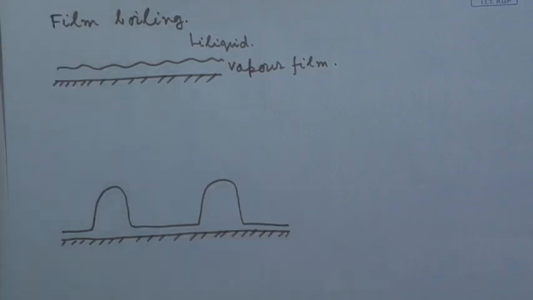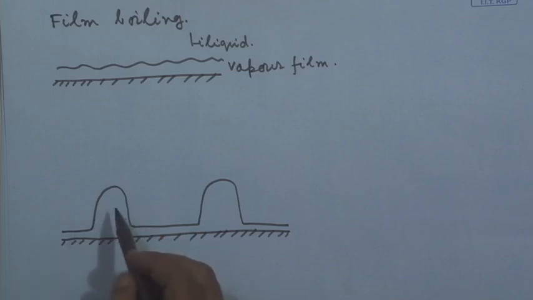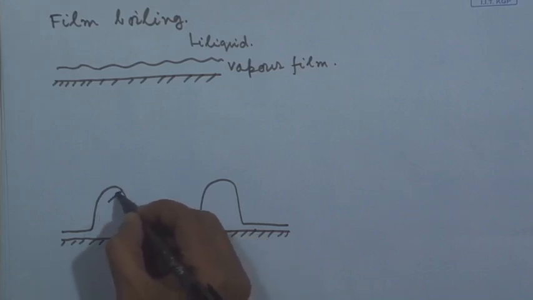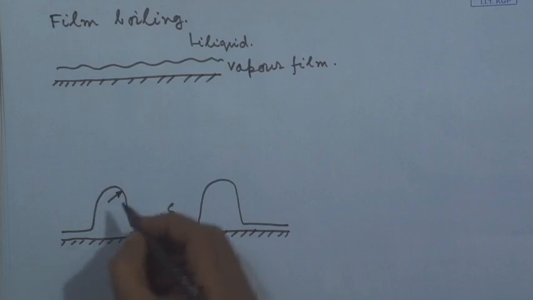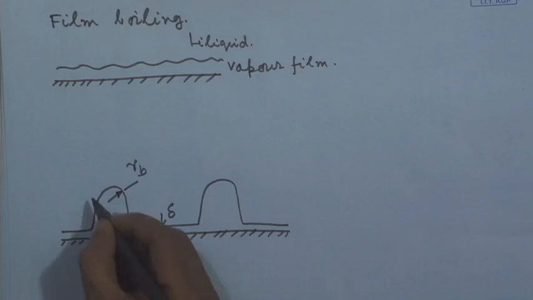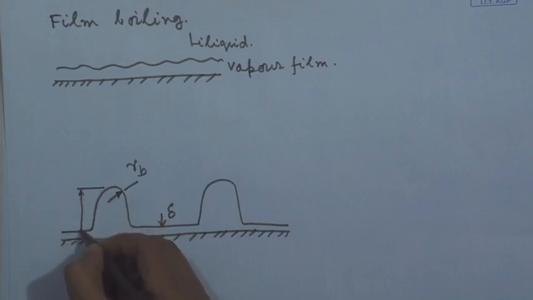There will be a thin film of vapor over the surface, and the film will be interrupted at regular intervals by some dome-like structure through which vapor has to escape. The film thickness can be denoted by delta, the nose radius of this dome can be denoted by RB, and the length can be denoted by L.